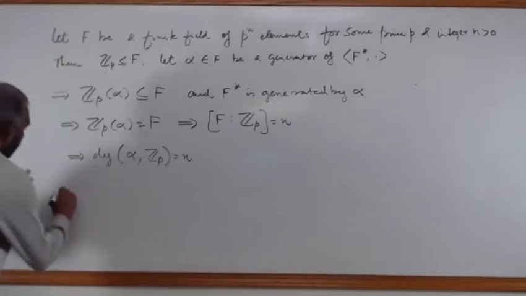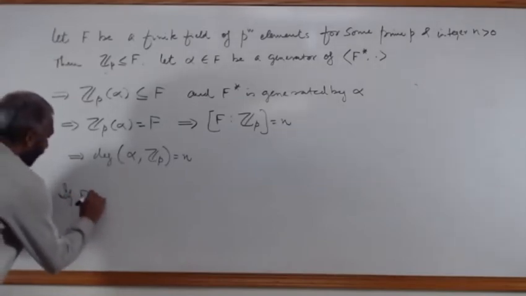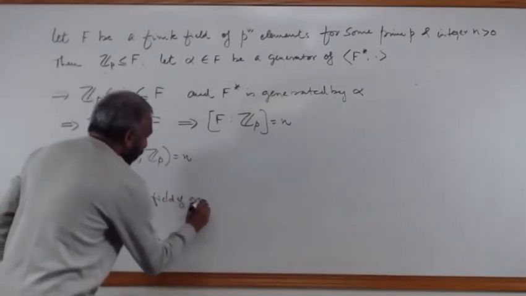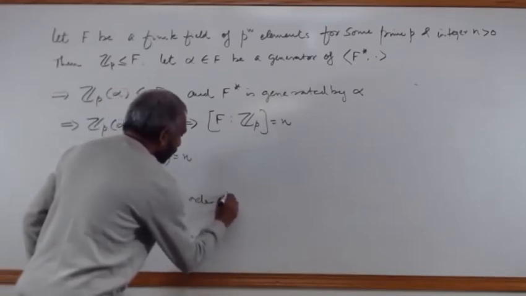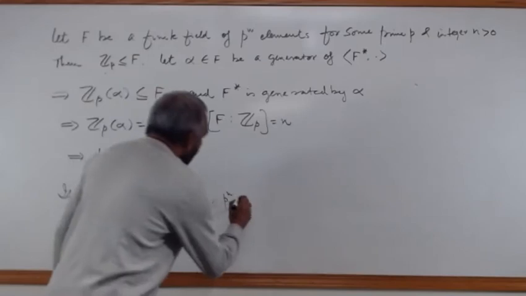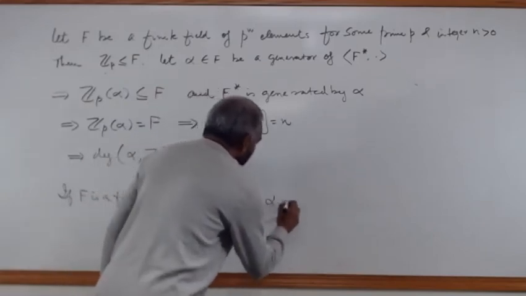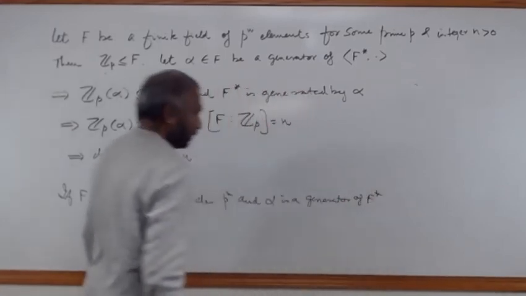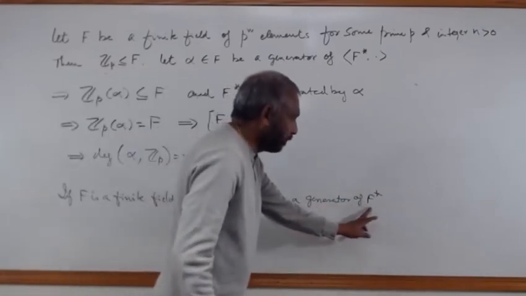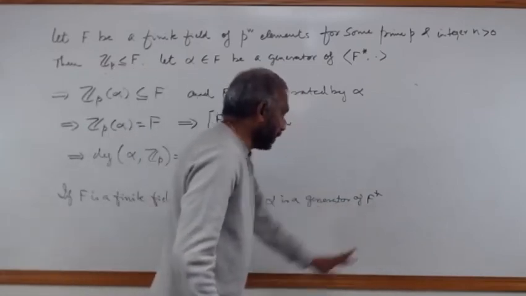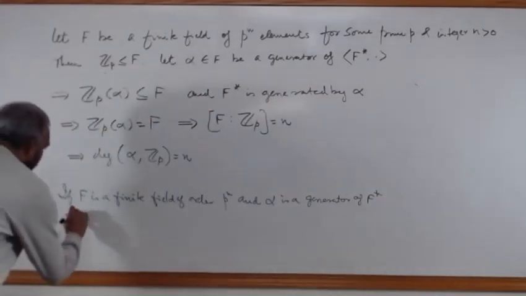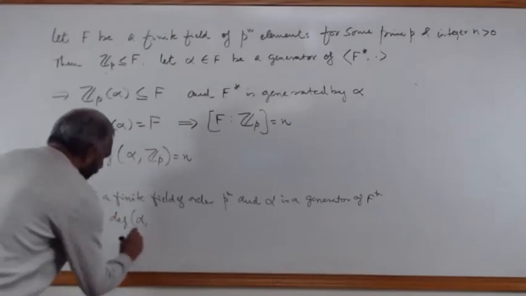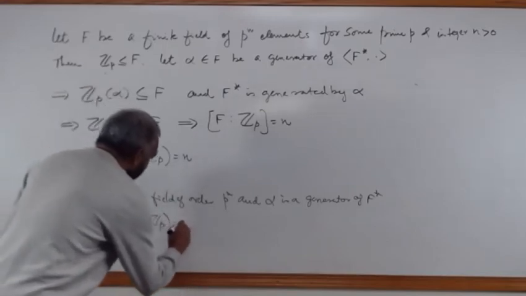So if F is a finite field of order p to the power of n, and alpha is a generator of F star, meaning the non-zero elements of F with multiplication as a binary operation, then the degree of alpha over Zp is equal to n.